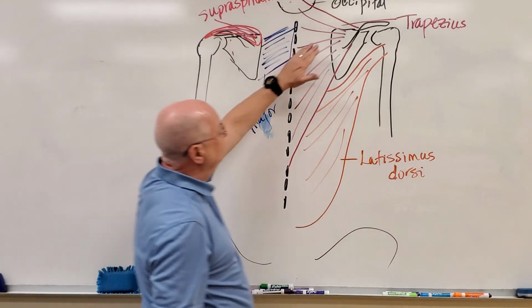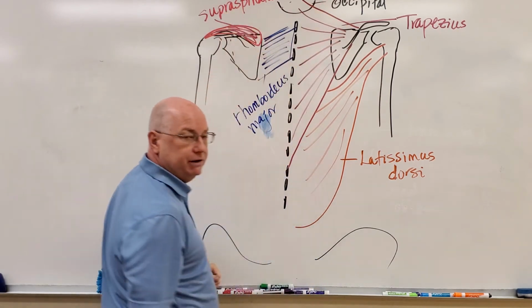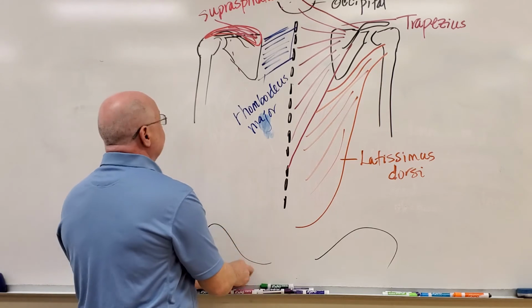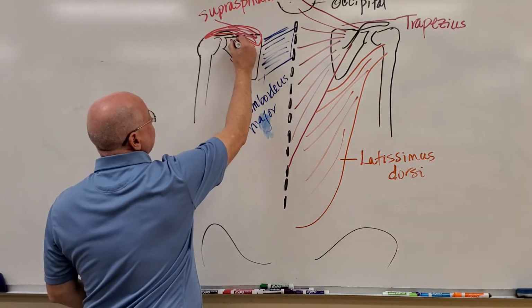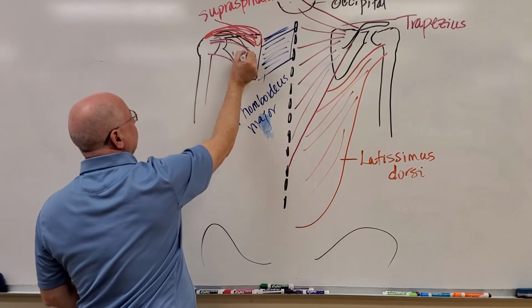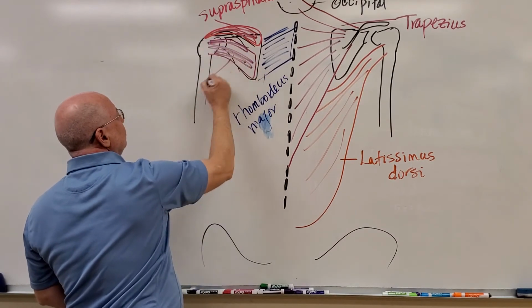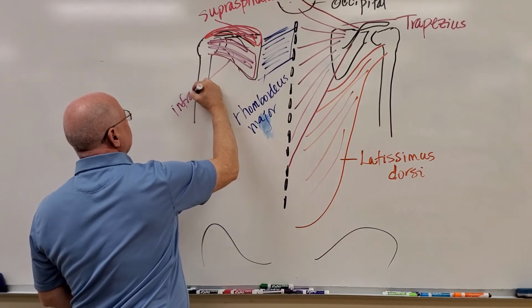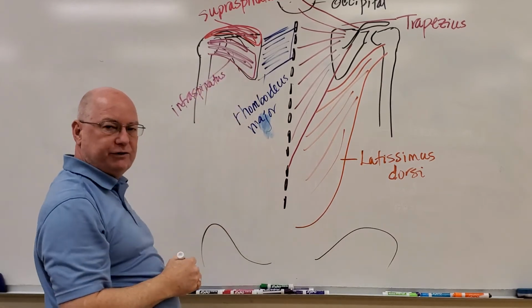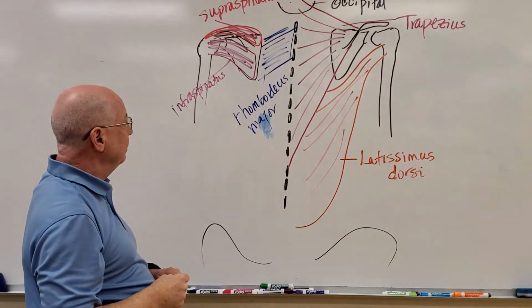Supraspinatus. It would be over here, but it's covered by the trapezius. There's another muscle that sits inferior to the spine of the scapula, covers most of the scapula, and attaches over here. And this one is called the infraspinatus muscle. The infraspinatus, okay?